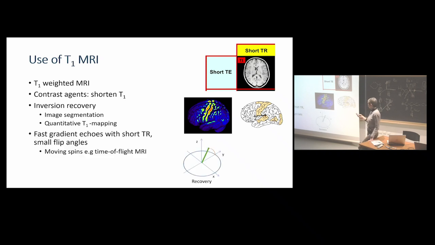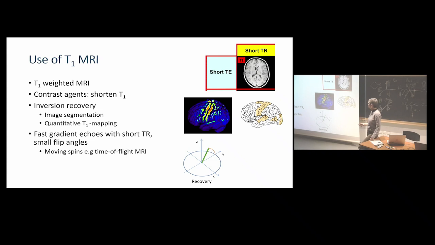We can also use T1 weighted MRI to speed things up, and this is an important thing in MRI. So we just don't wait 5 times the T1 time. We just make a shorter repetition time. We use small flip angles, so just tip it a little bit, and then we can speed things up. But we can do also more things.